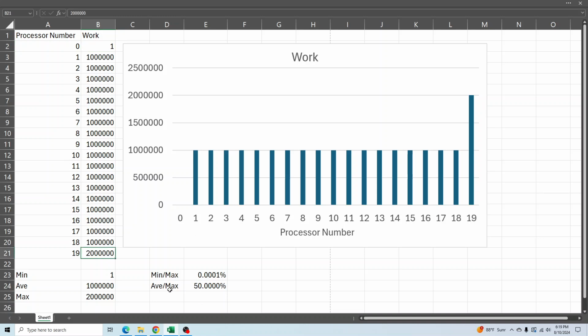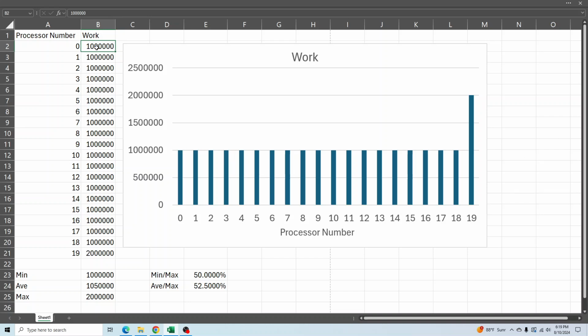So really, this calculation is 50% efficient because we could take this work and sprinkle it over all the other processors. And even if I made this 1 million, it's 52% efficient because we take 2.5% of this and sprinkle it here, and then everybody has the exact same amount of work.